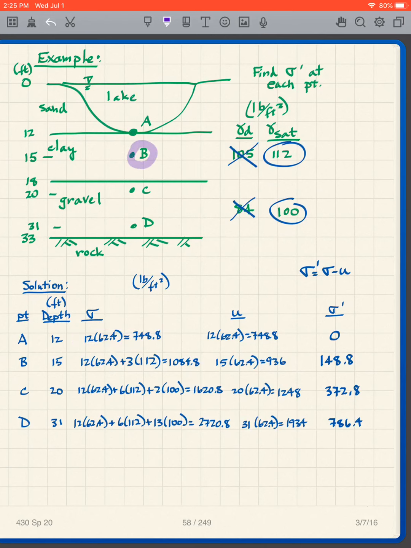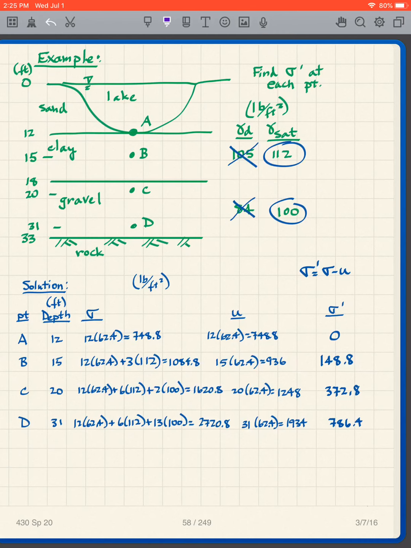For point B, I've got 12 feet of water and 3 feet of saturated clay. 12 times 62.4 plus 3 times 112. For point C, I've got 12 feet of water plus 6 feet of clay plus 2 feet of gravel, all saturated. 12 feet of water, 6 feet of clay, 2 feet of gravel.